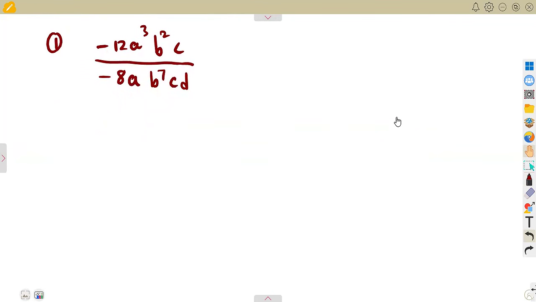There are so many ways that we can understand this. When you are given, let's say, a to the exponent of 3, what does it mean? It means I'm having a times a times a, 3 times. That is, there are 3 a's here. These 3 a's are being divided by only a single a in the denominator.